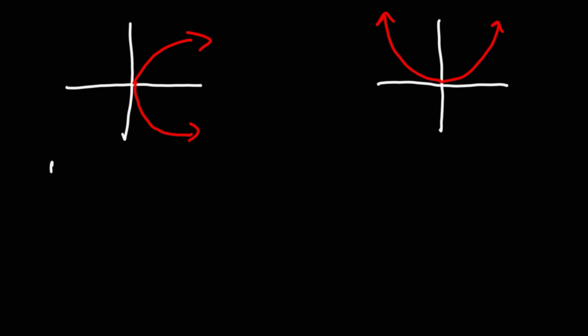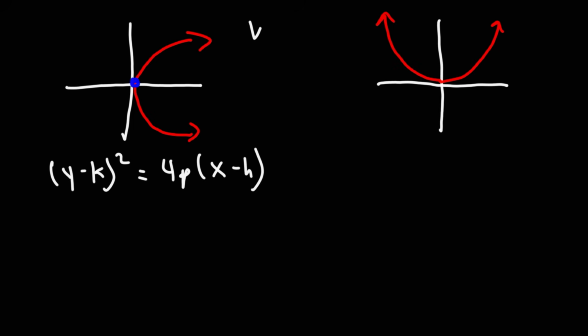So for this equation, it's going to be y minus k squared is equal to 4p times x minus h. Now the vertex of the parabola, instead of the center, the coordinates is going to be h comma k, and that's true for the other one as well. The eccentricity of a parabola is 1.